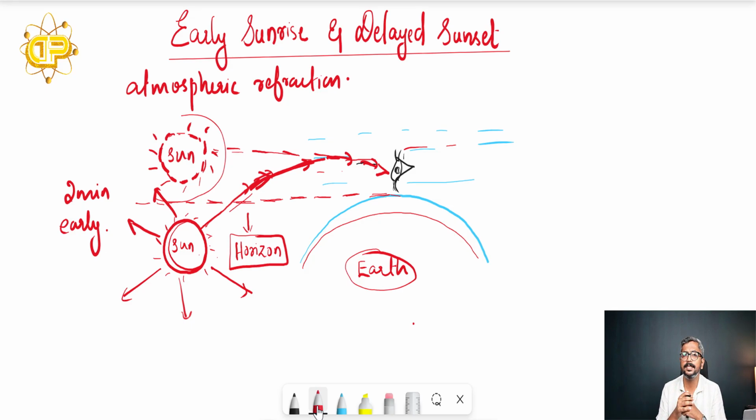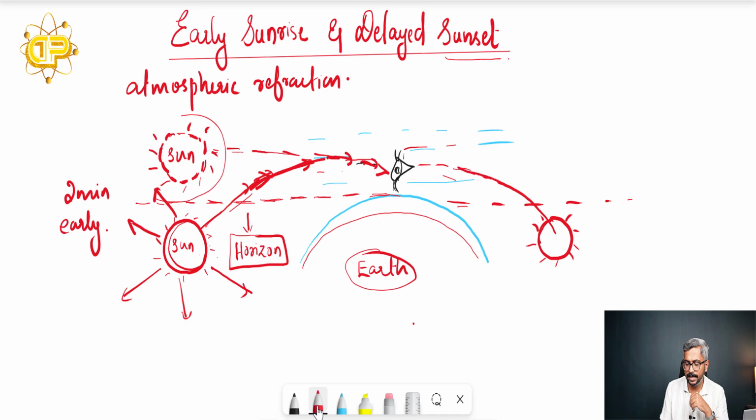The same thing happens for the sunset also. In that case, this is the horizon, and the sun will be here. As soon as the sun just gets down the horizon, the sun rays still go there, and then undergo atmospheric refraction, bend, and you can see it in a straight line.